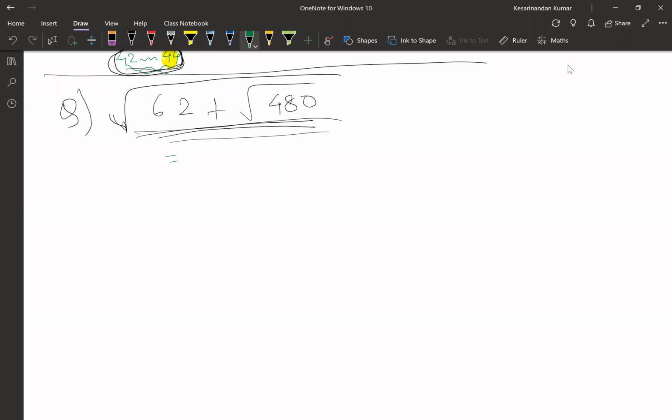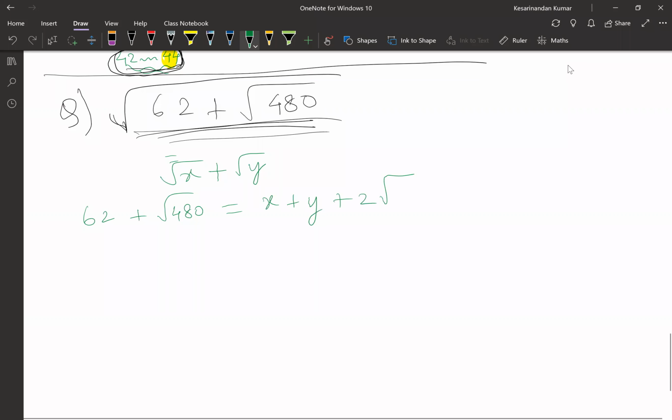Let's assume the square root of this is root x plus root y. If I square both the sides, I will get 62 plus, standard stuff that we had discussed. x plus y is equal to 62.